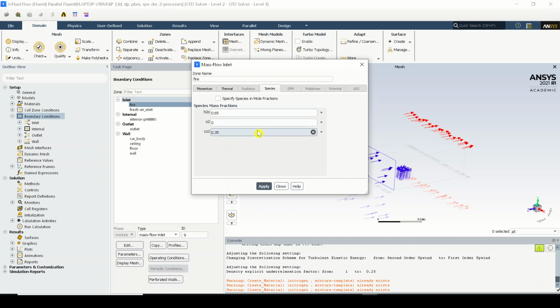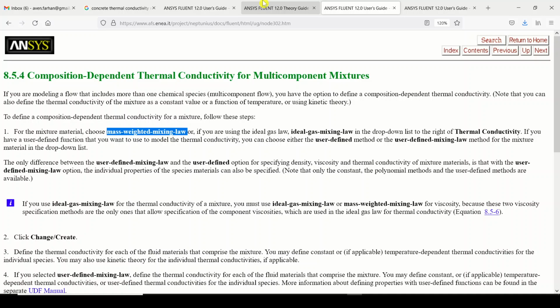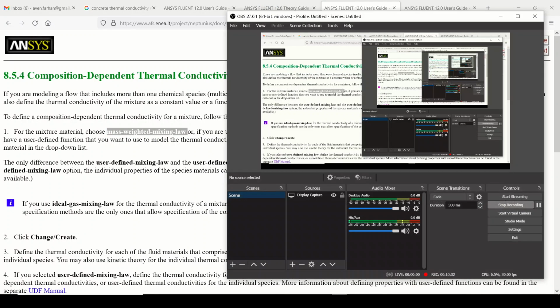So I will be noting down these values, and we can select mole fractions over here, and now we will be entering the value of the carbon dioxide, that is equal to 0.35 and 0.65 here. So I have this particular window over here. One second.